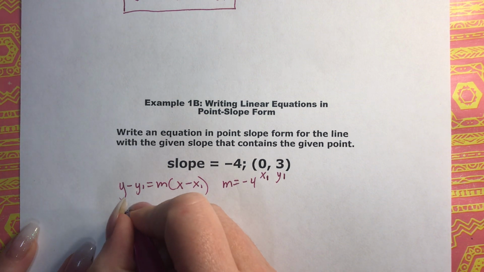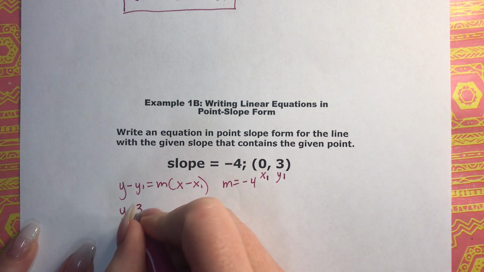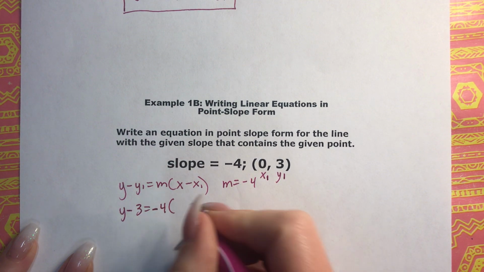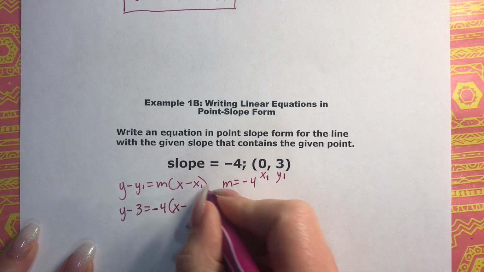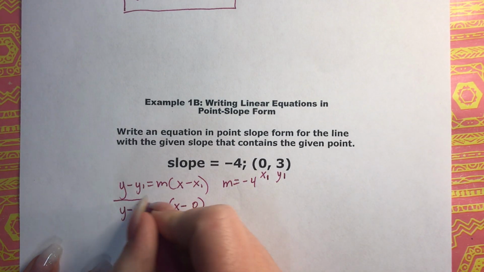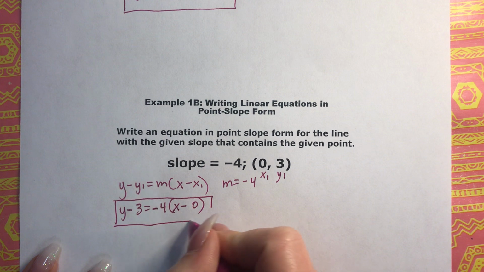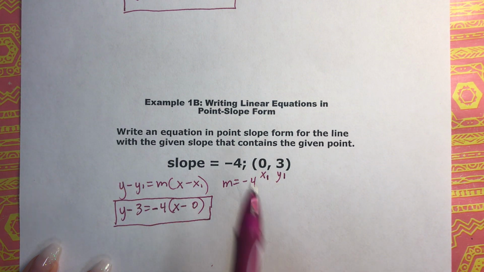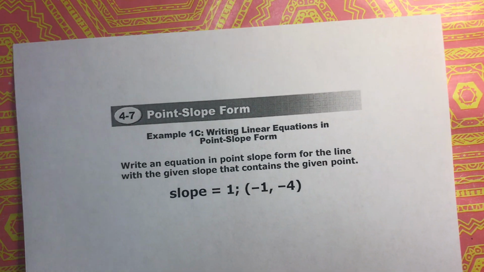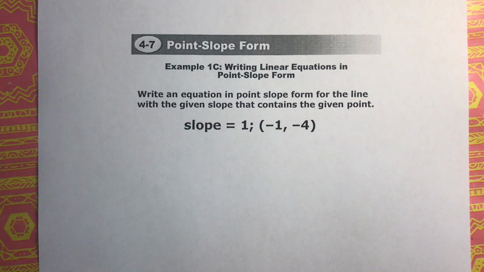So y minus y1 is 3 equals the slope, which is -4, multiplied by x minus x1 is just 0. And that's it. You just leave it right there. There's the equation in point-slope form. It gives you a point and a slope. Perfect. Let's look at the next example, example 1c.